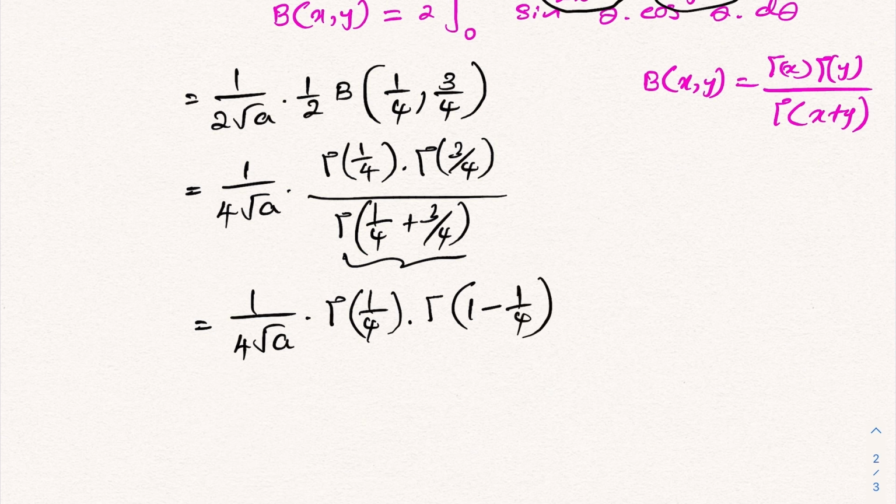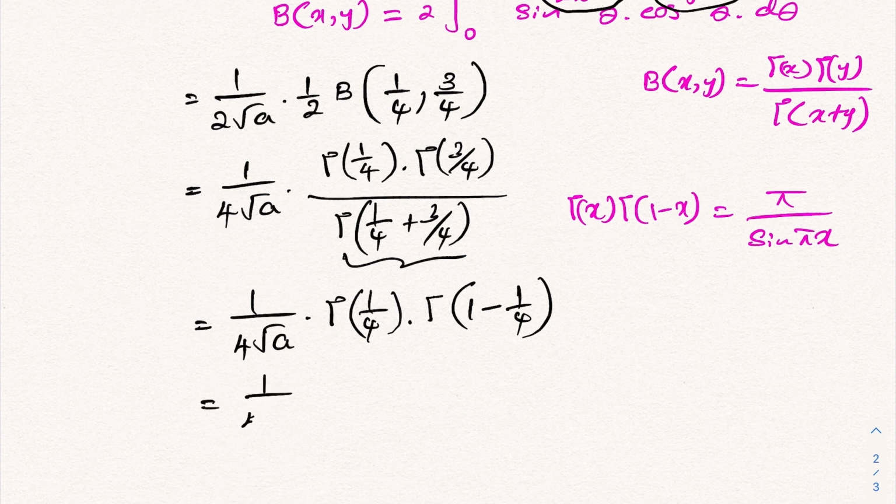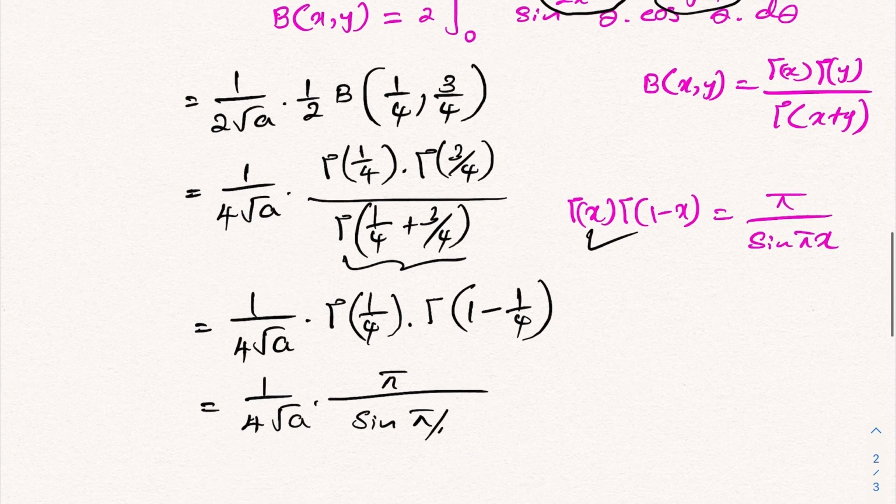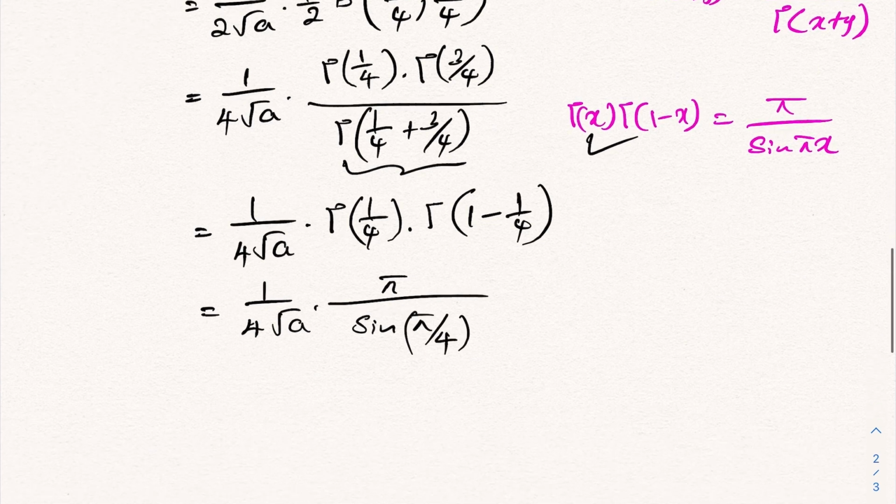Then I have to recall Euler's reflection formula. We know gamma of x times gamma of 1 minus x is equal to pi over sine of pi x. So here we have 1 over 4 times square root of a times pi over sine of pi times, now instead of x we have 1 over 4, so sine of pi over 4.